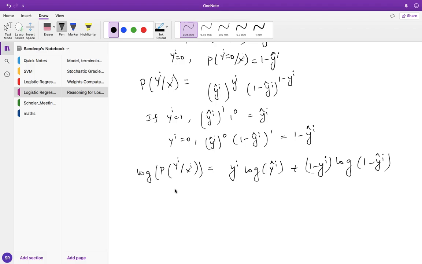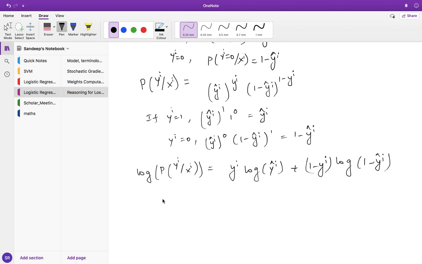And suppose we assume all the inputs as independent, independence across different examples, then the total probability can be written as the product of the individual examples' probabilities.